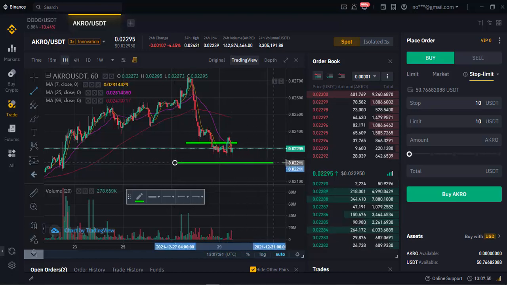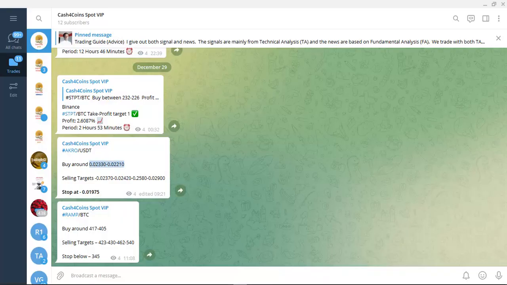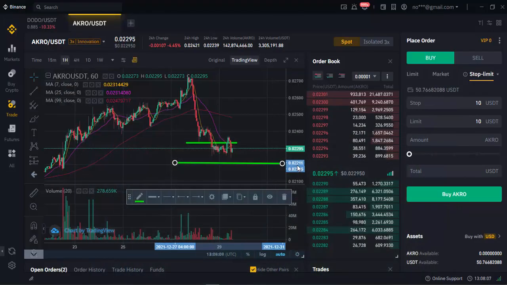Okay, it's actually somewhere here. That is 0.02210. Okay, 0.02211 is actually close. We can maybe leave it as it is, just a one-digit difference.